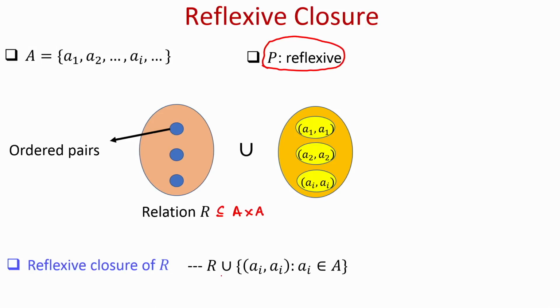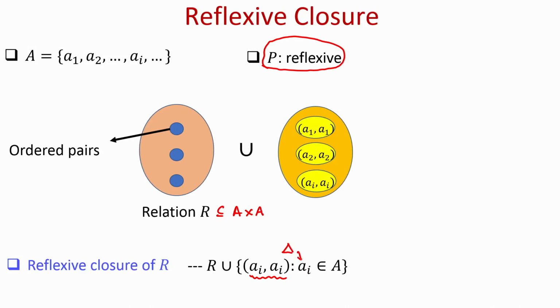Well, you just take the union of R with all ordered pairs of the form (a_i, a_i), where a_i is present in your set A. If (a_i, a_i) is already there in the relation R, then as per the union definition you will not be including it again. Remember, union means if (a_i, a_i) is present in R as well as in this new relation, which I am calling the delta relation.